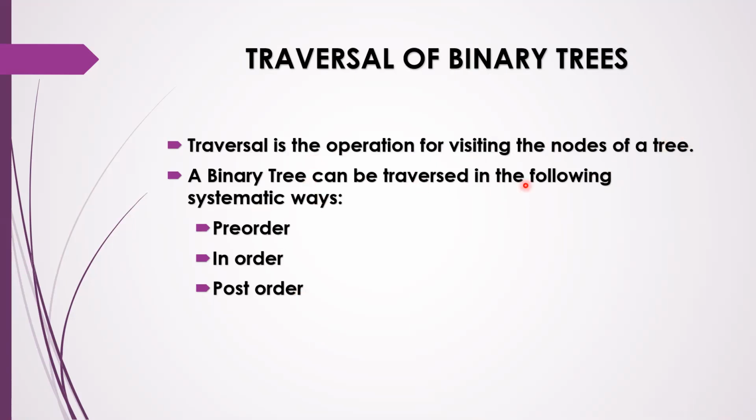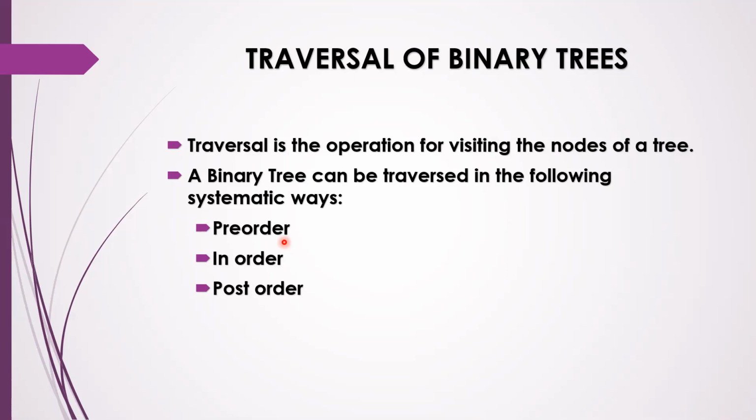A binary tree can be traversed in the following ways: pre-order, in-order, and post-order. These traversal methods ensure that all the nodes of the binary tree are listed exactly once. There are different ways to traverse these nodes.